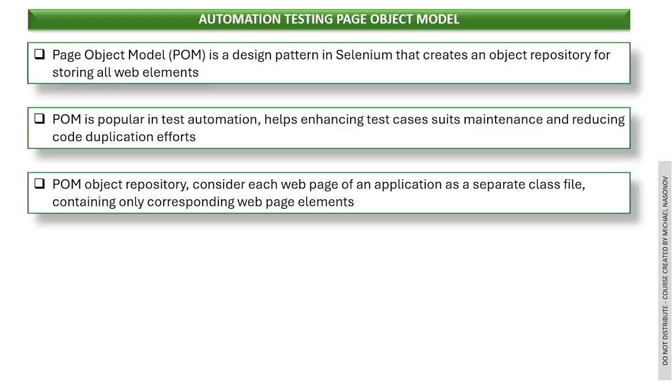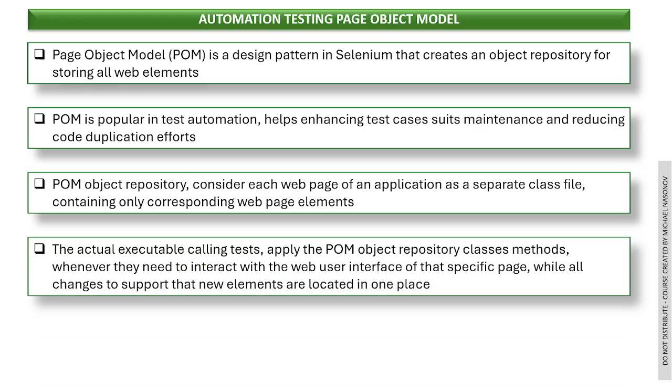POM object repository considers each web page of an application as a separate class file, containing only corresponding web page elements. It's like different shelves and departments and divisions in a warehouse.